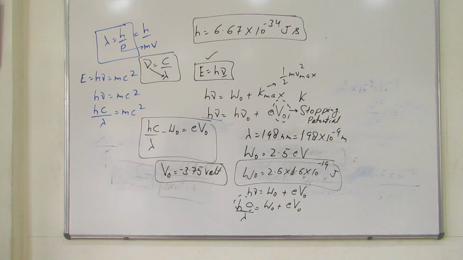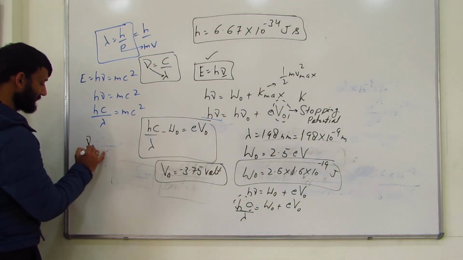Threshold wavelength of a certain metal is 792 nanometer. So wavelength is given, 792 nanometer. What is the maximum kinetic energy of photoelectrons emitted by this metal if it is exposed to ultraviolet light of wavelength 396 nanometer? Remember that threshold wavelength is separate.